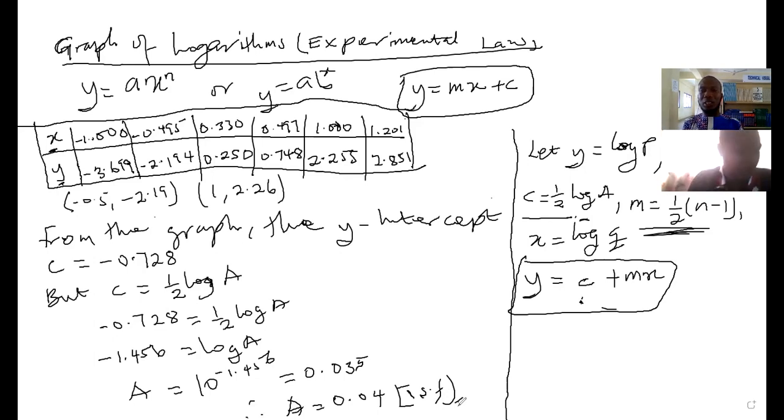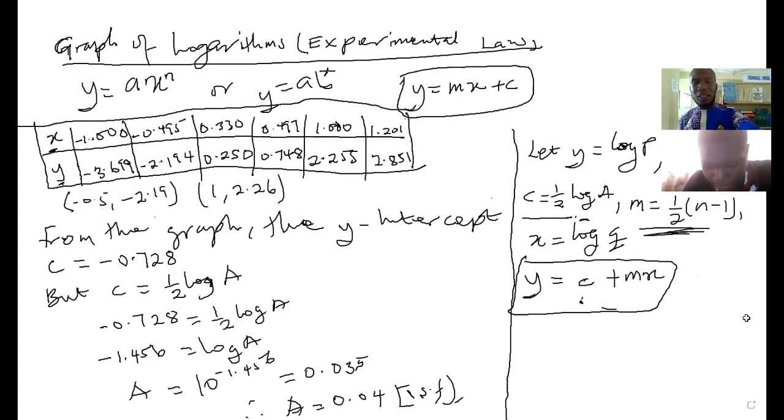I'm sure after the class, you can take your time and plot your curve. You can use my scale. I think my scale is easier. 2 centimeters to 0.5 on the x-axis, and then 2 centimeters to 1 unit on the y-axis.